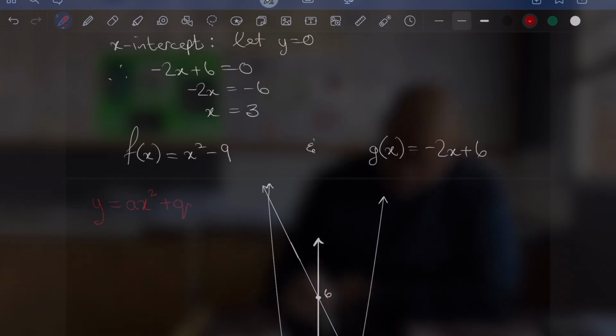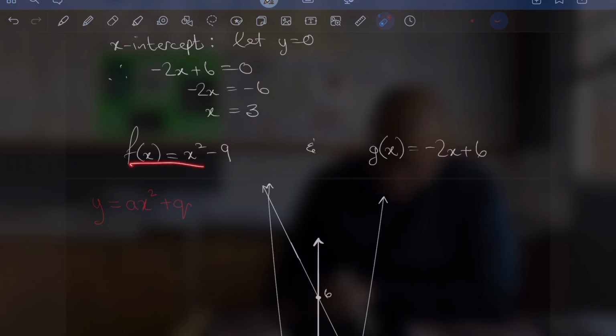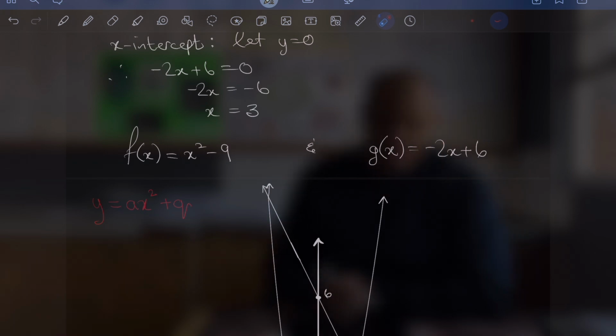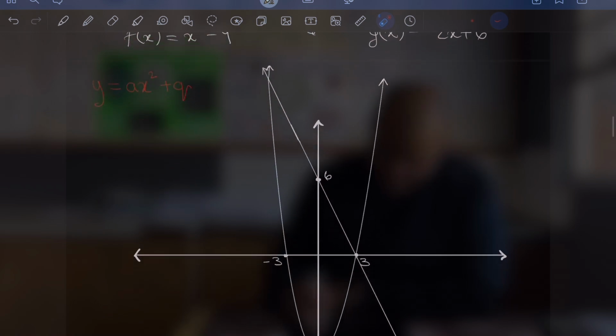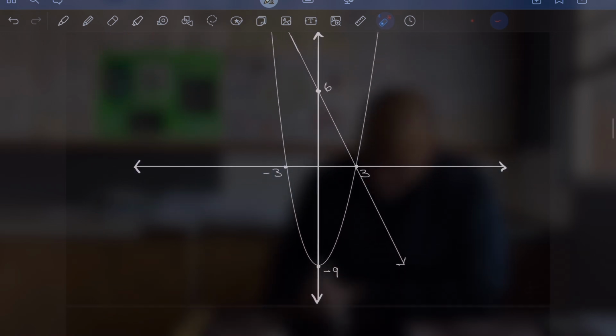According to what we have here in terms of our f of x, our a value is positive 1, meaning our arms will be faced upwards, or it will have the smiley face form. And the q value is where the parabola turns on the y-axis, and that is indicated here at negative 9.